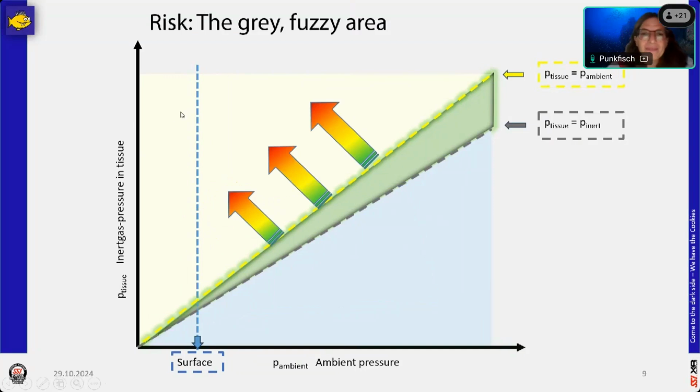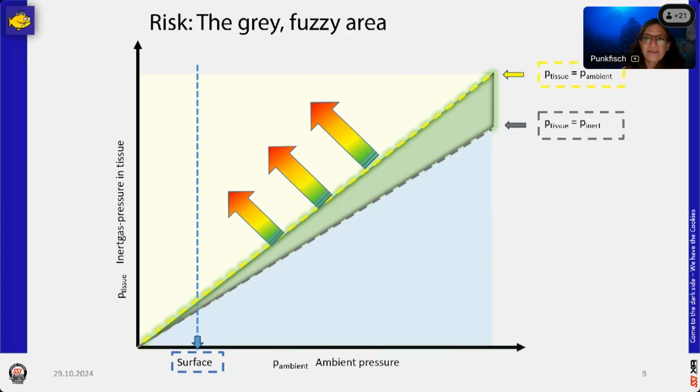And this is where risk comes in, because oversaturation means that this tissue we are talking about here has a high load of nitrogen, and at some moment this nitrogen might start to form bubbles in our body, and too high an oversaturation might lead to symptoms of decompression sickness.